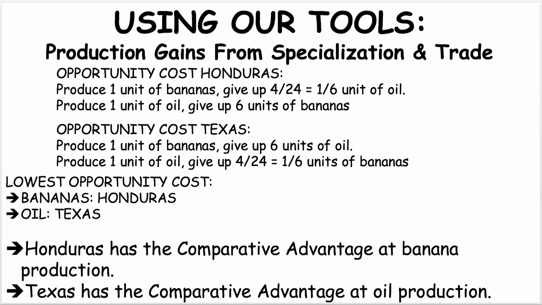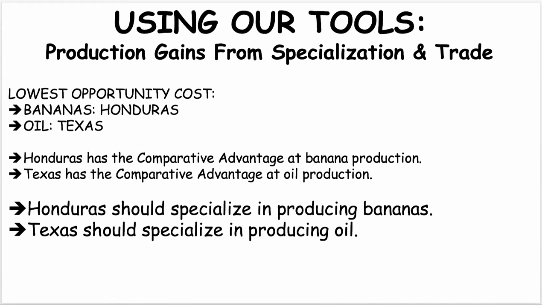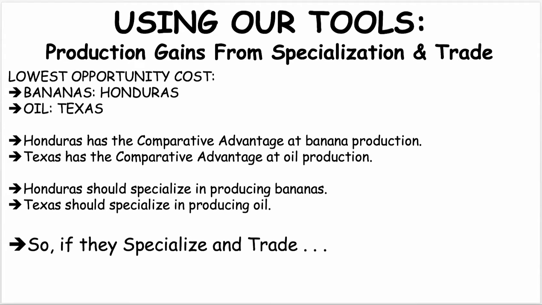In that kind of case, it doesn't really make any sense for them to trade. But if there are any differences, then one has the comparative advantage in one thing, the other in the other thing. So Honduras should specialize in producing bananas. Texas should specialize in producing oil.